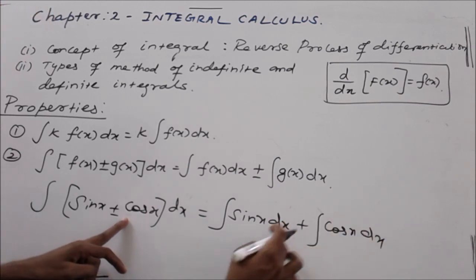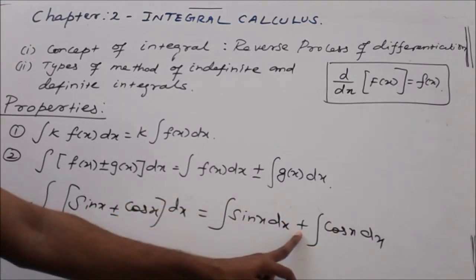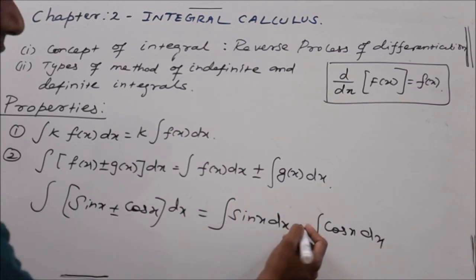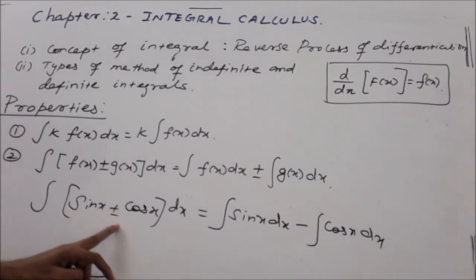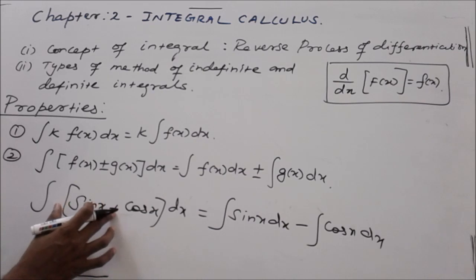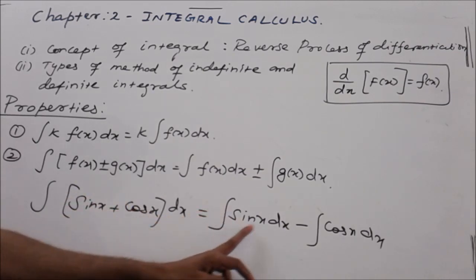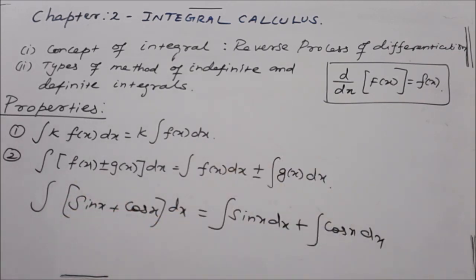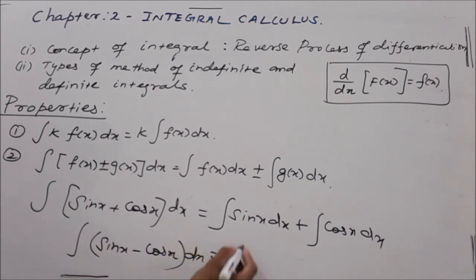If it is given plus, we apply plus, or if minus, we apply minus. So sin x plus cos x dx means integral sin x dx plus integral cos x dx. Suppose it is given sin x minus cos x dx, which is equal to integral sin x dx minus integral cos x dx. We can work either way, or directly integrate by using the formulas. It will not affect your answers.